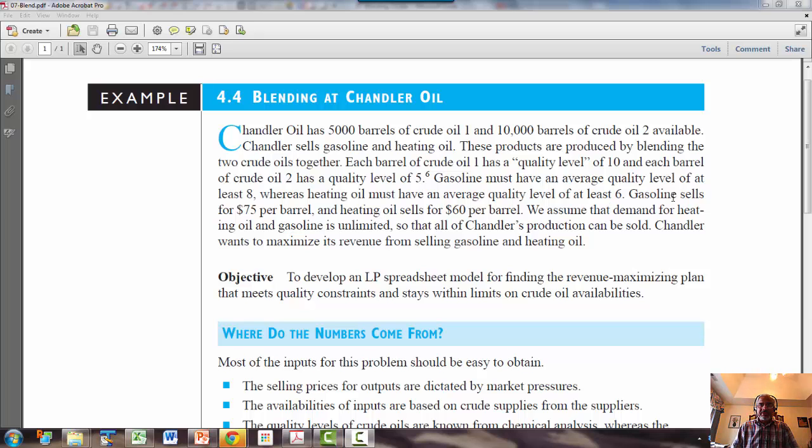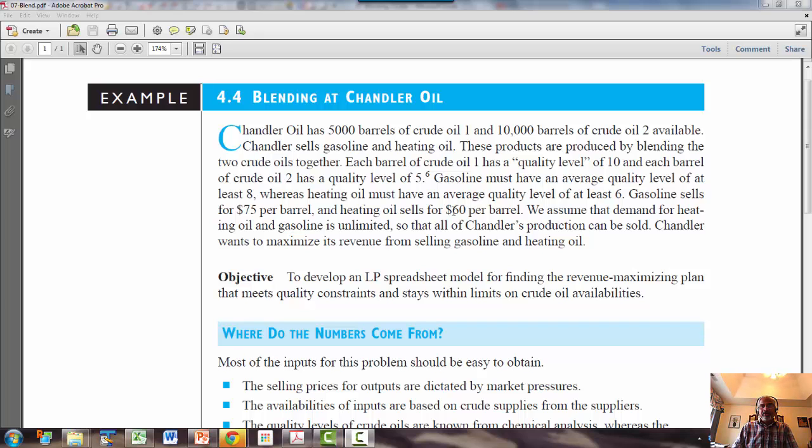Now gasoline sells for $75 per barrel, and the quality level for gasoline must be at least 8 per barrel. So you mix the two crude oils in such proportion that the product you get out will have 8 quality points per barrel. And for heating oil, the quality that comes out should be at least 6 quality points per barrel.